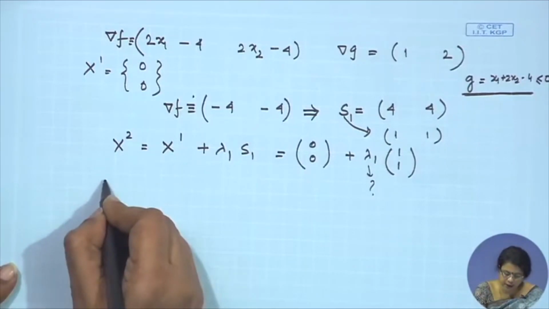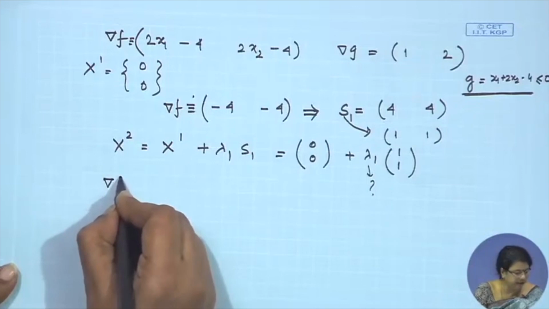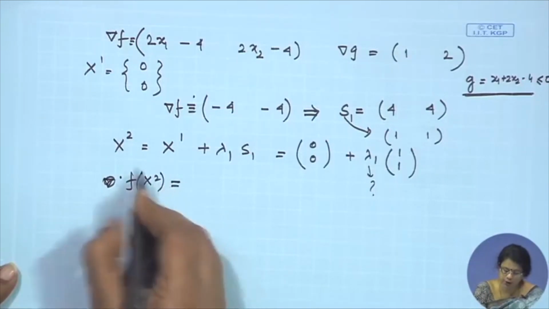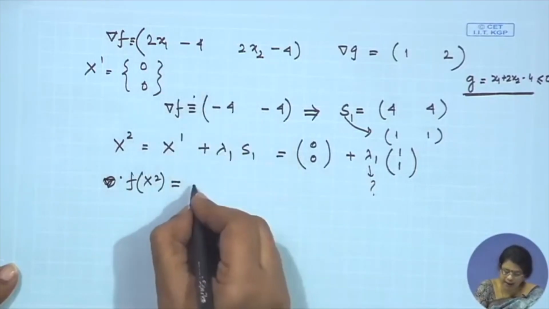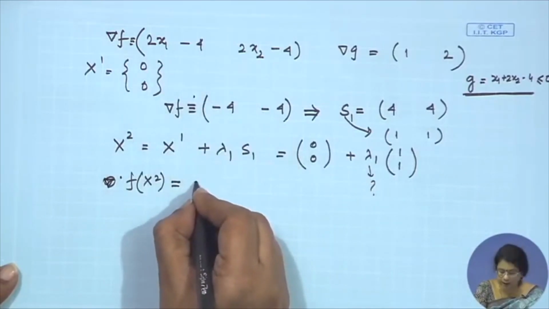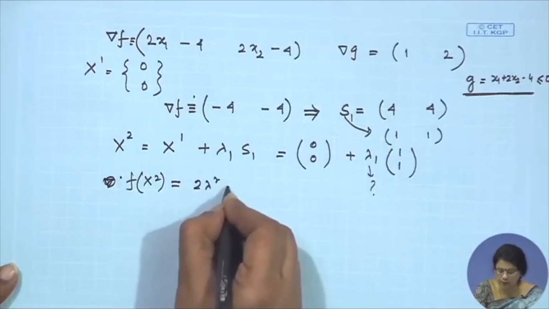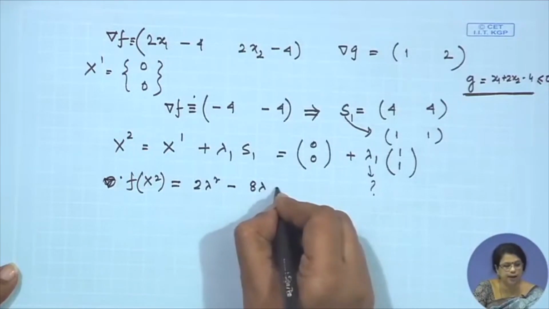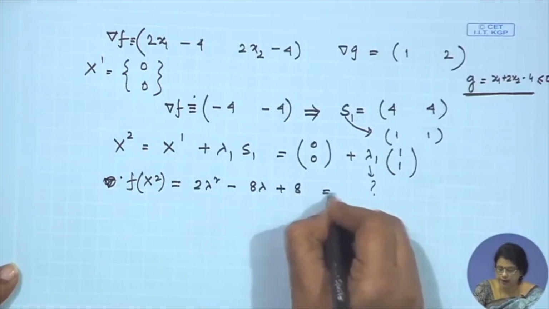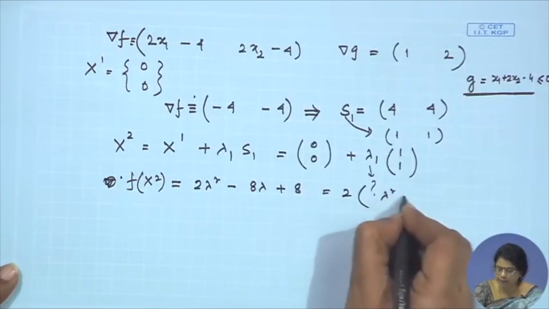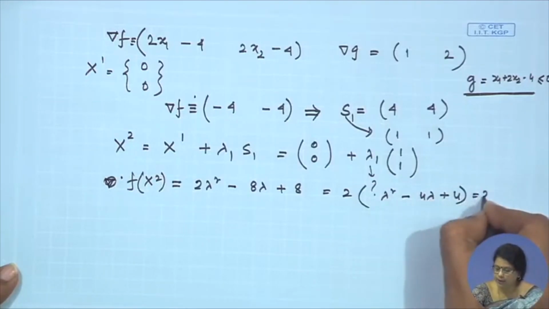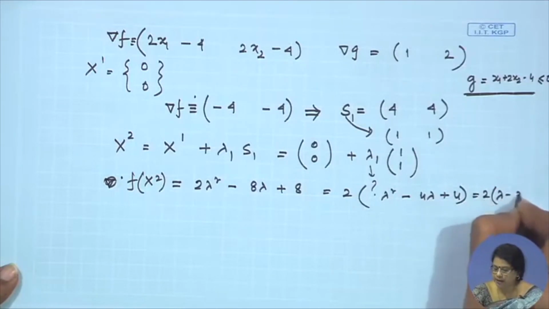If we just find out grad f at the point x2, then we will get the function as lambda square plus lambda square, 2 lambda square minus 4 lambda minus 4 lambda plus 8, otherwise 2 into lambda square minus 4 lambda plus 4, otherwise 2 into (lambda minus 2) whole square.